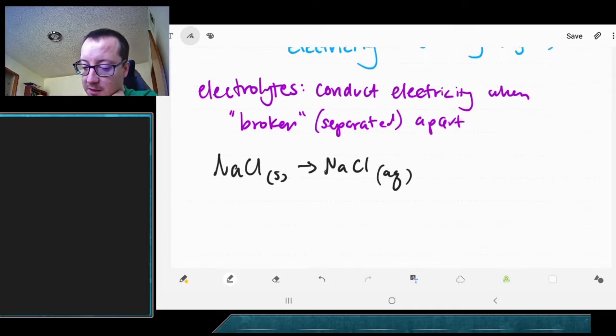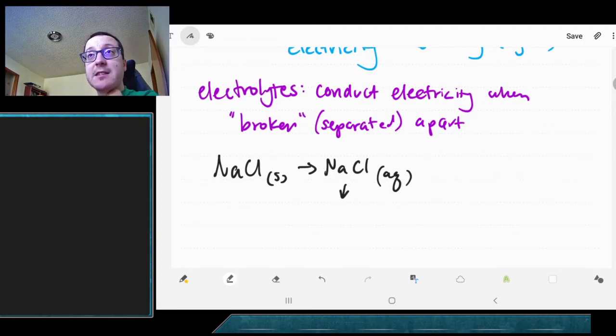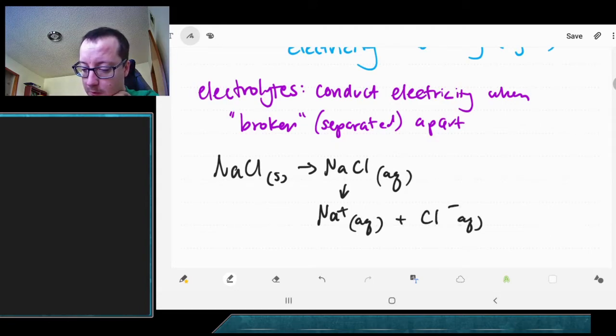But what this actually means is, because it is a strong electrolyte, and we know it conducts electricity, that that comes from having ions in solution. So that really means that we have sodium ions in there and chloride ions in there. So that's what it means to be a strong electrolyte: if you are dissolved in water, you are going to break apart into the ions that make you up.